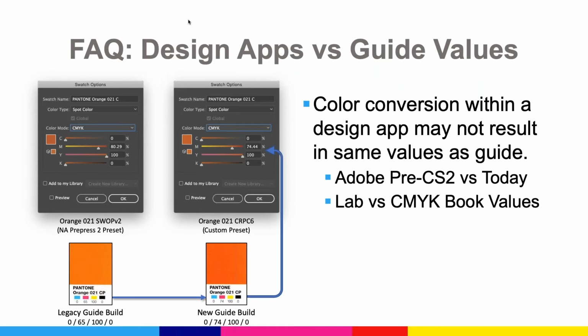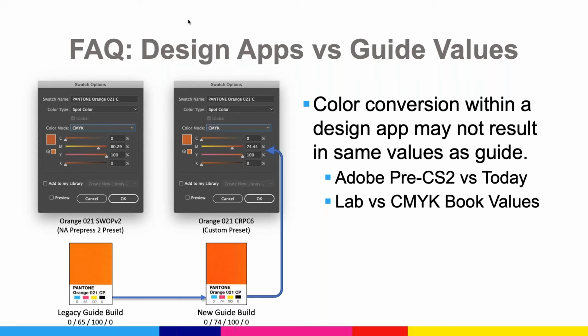And in the new guide, they've changed because, again, with the alignment to CRPC 6 for coated, an industry published data set for offset litho print on a coated stock, and CRPC 3 for uncoated, is now something that lets us do these conversions in a more faithful way, and in many cases get an actual better match than we had in the past.